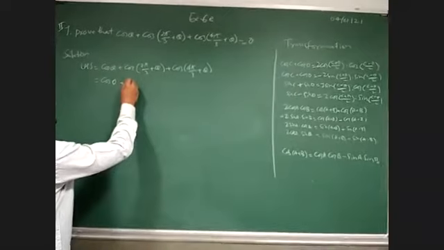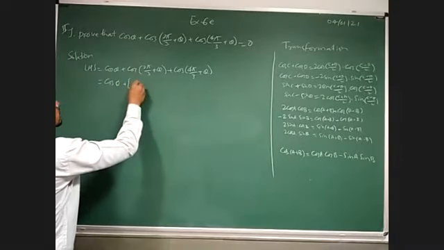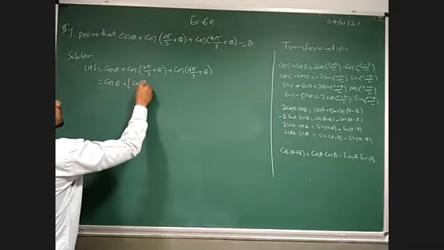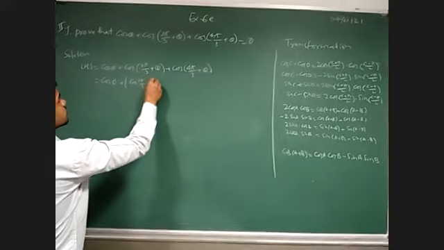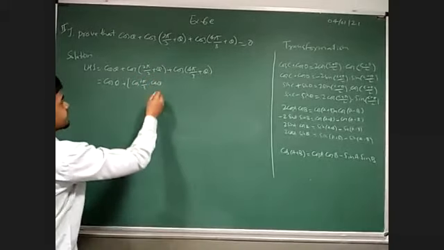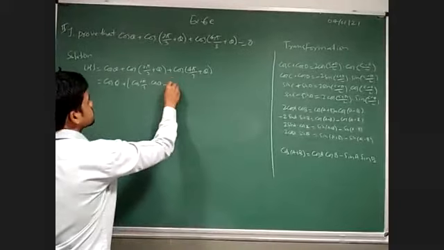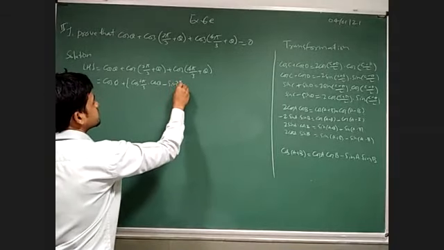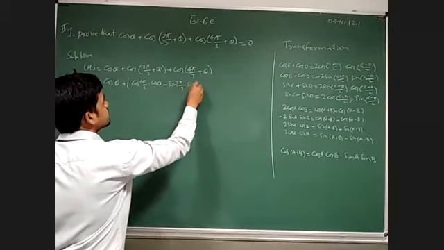So here I will have cos 2 pi by 3 into cos theta minus sin 2 pi by 3 sin theta.